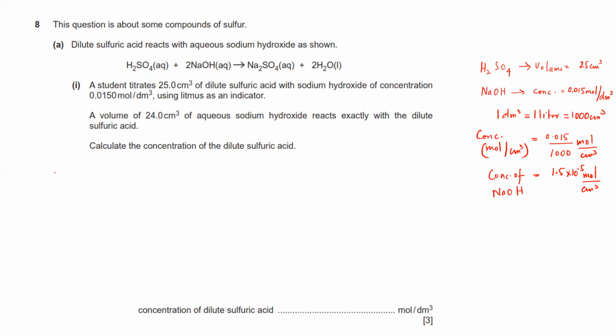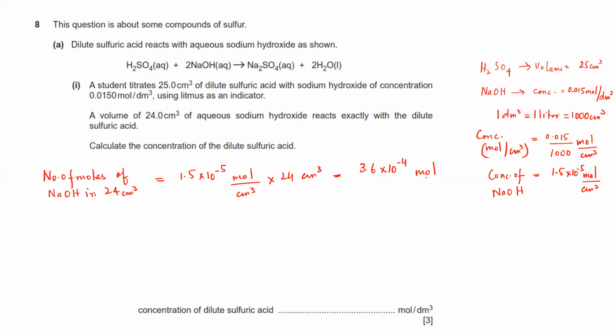Okay. Now, number of moles of NaOH in 24 centimeter cube. This is 1.5 into 10 to power minus 5 mole per centimeter cube multiplied by 24 centimeter cube. So this comes out to be 3.6 into 10 to power minus 4 mole of NaOH. So these are the number of moles of NaOH that are used by the student.